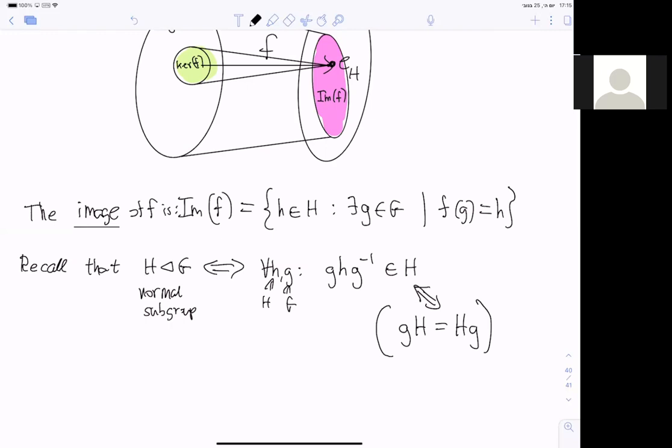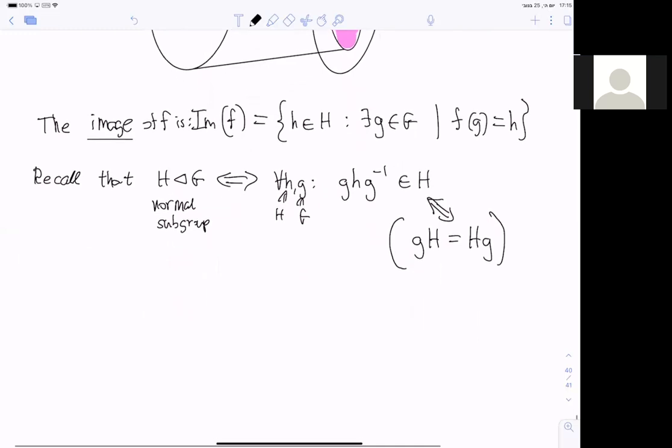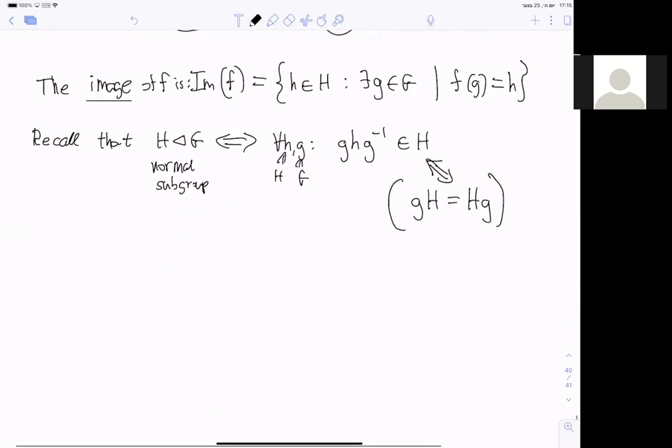For example, we've seen that the SLN is a normal subgroup in GLN.